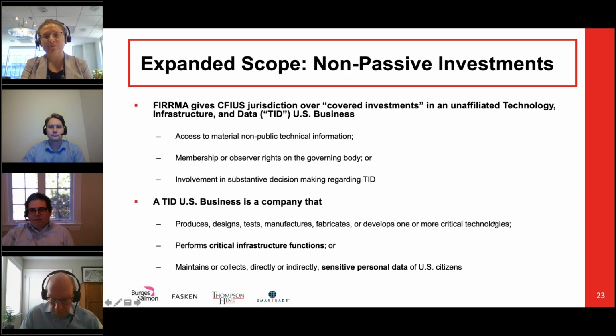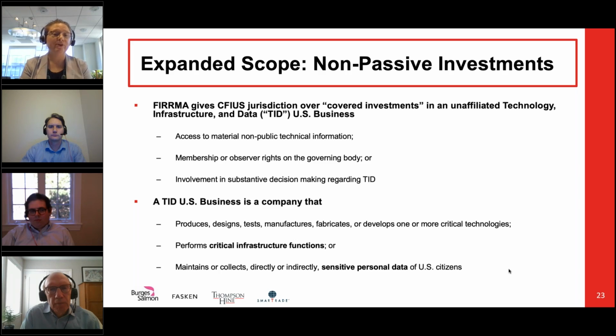What's a TID US business? It's one that produces or develops critical technologies, which are generally defined by reference to export controls. So your dual use technologies, like semiconductors and semiconductor manufacturing, as well as your defense technologies and nuclear equipment, and then also companies that perform certain critical infrastructure functions. That can include telecom infrastructure, financial services infrastructure, as well as brick and mortar infrastructure like transportation and roads.